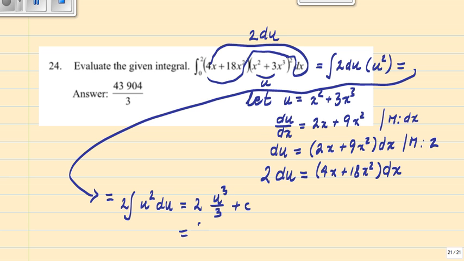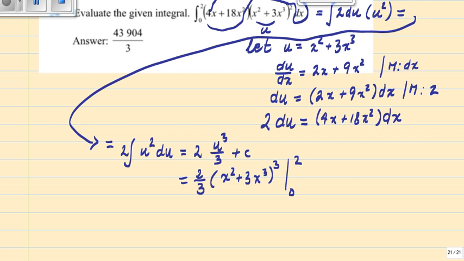Substituting back the original variable, u was equal to x squared plus 3x cubed, to the power of 3, and limits from 0 to 2, and then we're going to have 2/3, and then 2 sets of brackets.